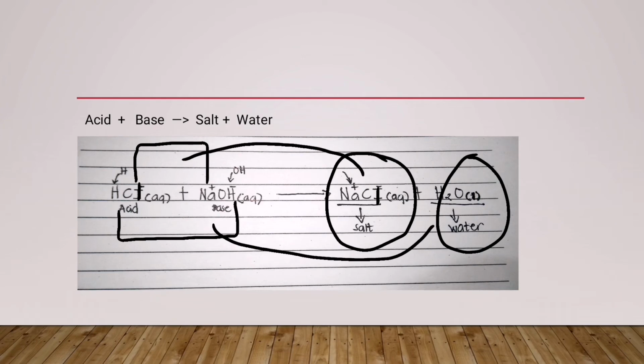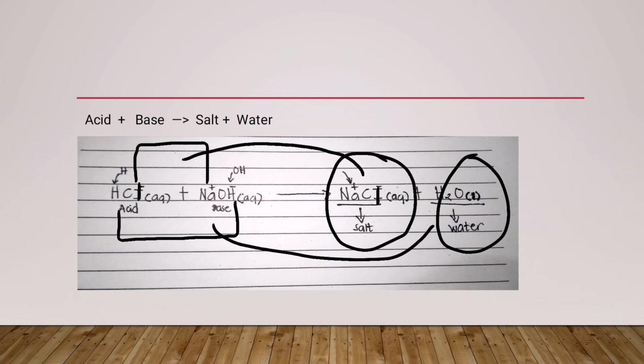When we write the chemical formula for the salt here, always remember that the positive ion comes first. And the positive ion here is the sodium. When we're writing chemical formulas or symbols, always remember that the positive one comes first, not the negative one.